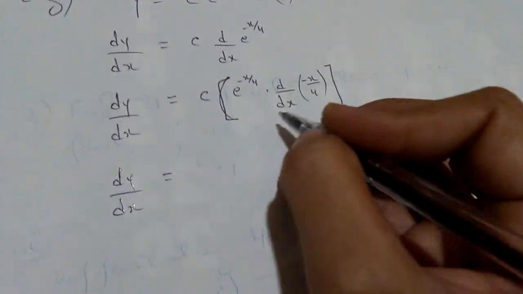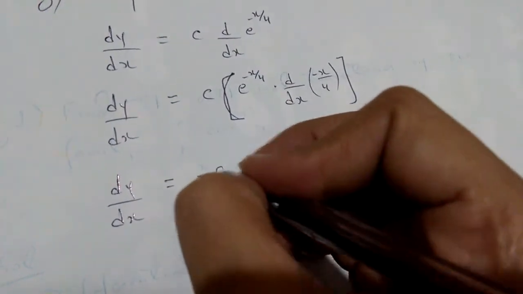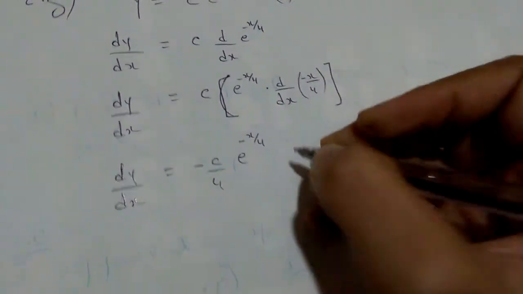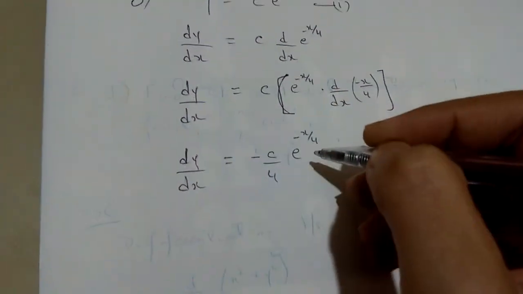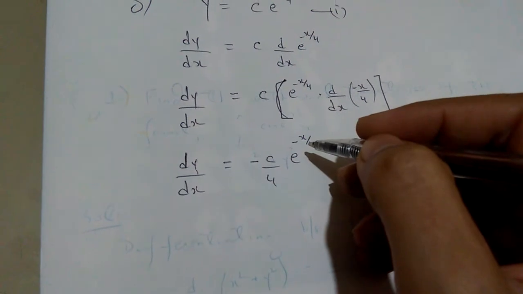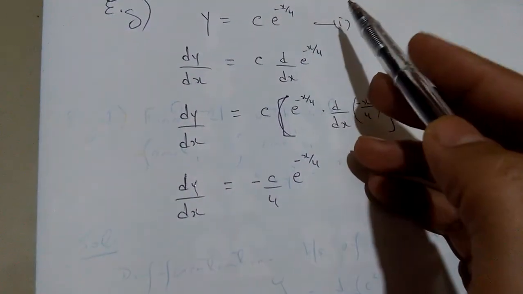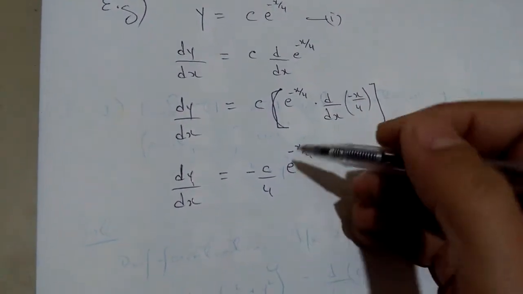So this gives me negative c by 4 e raised to the power negative x by 4. This is the slope of the tangent lines that we are going to draw on this family of curves at different points of tangency. All right, so that's it.